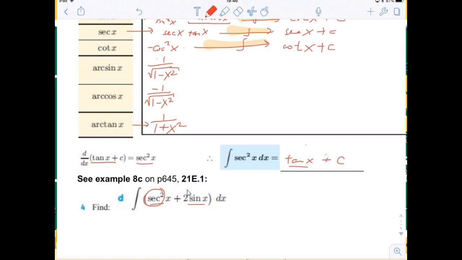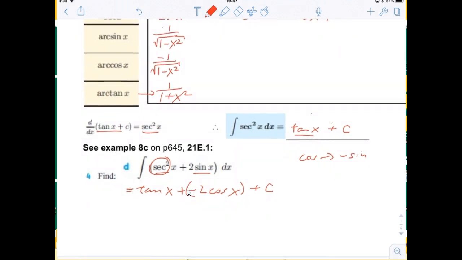The integral of sine would be negative cosine x, because the derivative of cosine is negative sine, so the integral of negative sine would be cosine. The integral of positive sine would be negative cosine. So this would be negative 2 cosine x, right? And then the integral of secant squared would be tangent of x. And then we just need plus c at the end, for both.